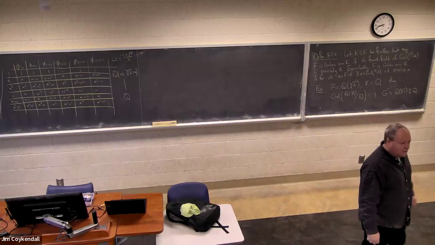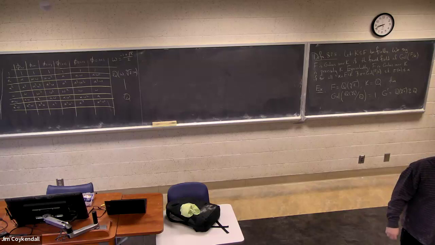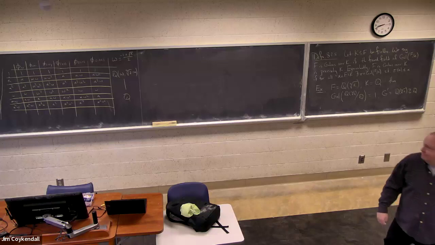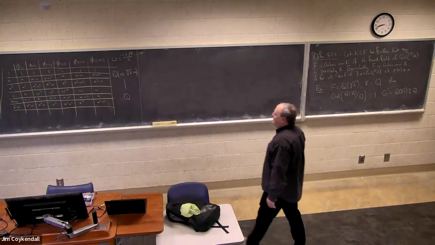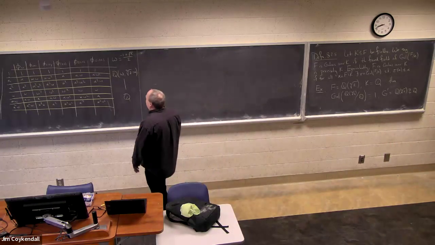How many fields are there between that field and Q? I mean, at this point in my life, it's not clear to me that it's a finite number, right? How do you know there aren't infinitely many fields in there? But there actually are only finitely many fields.